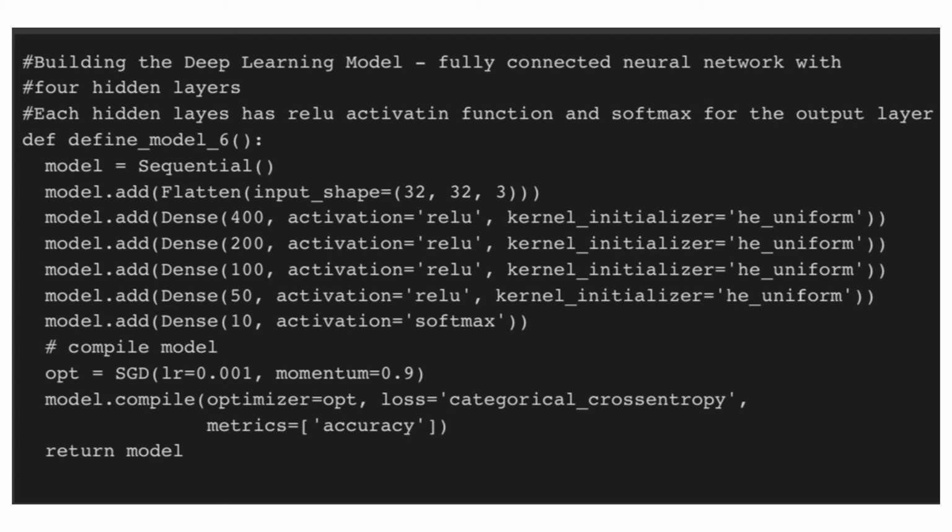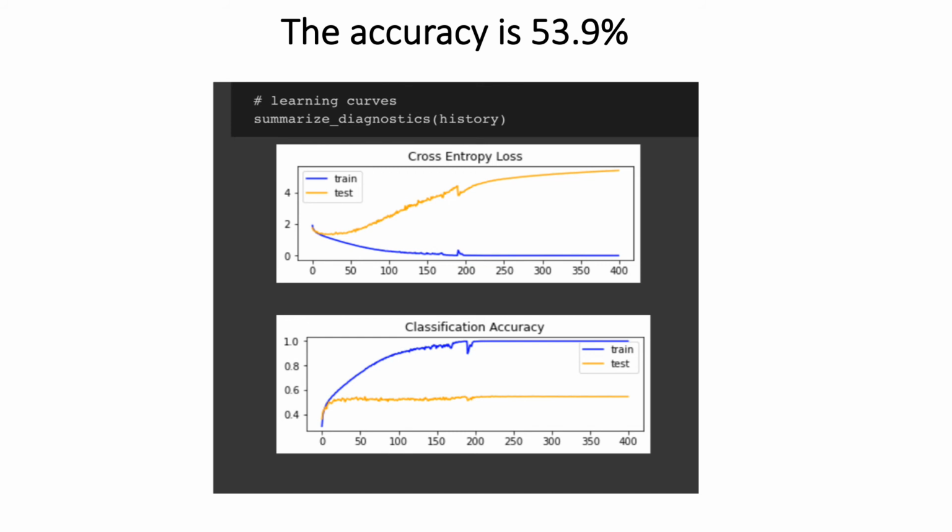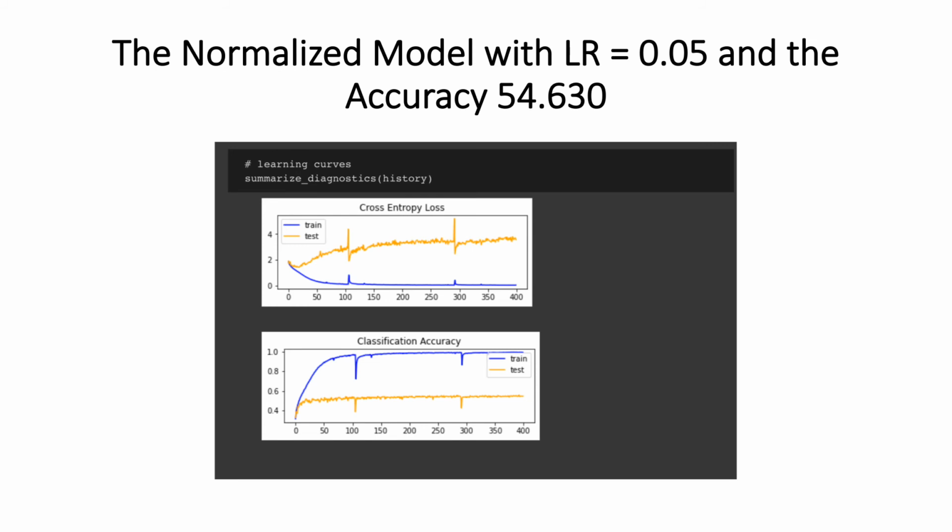Every hidden layer has the activation function ReLU, and the activation function of the output layer is softmax, and the learning rate is 0.001. The accuracy is 53.9%, and then I normalize the model, so the accuracy is improved.